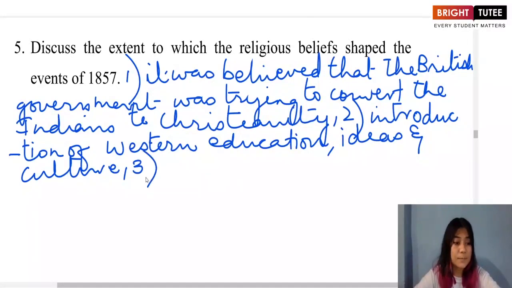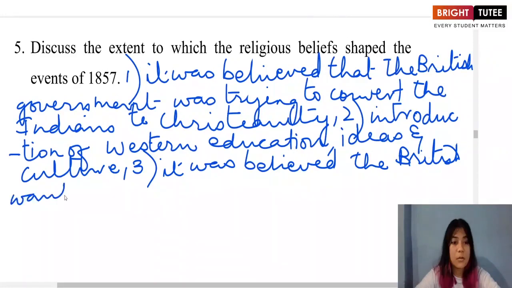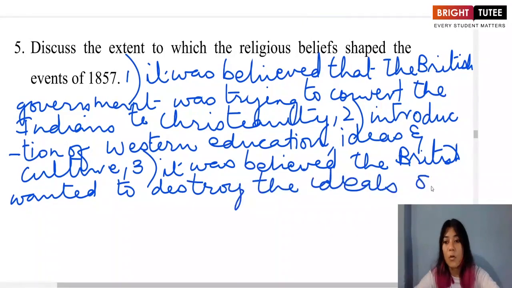Number 3, it was believed that the British wanted to destroy the ideals of Hindus and Muslims.